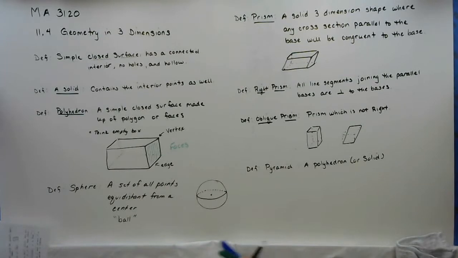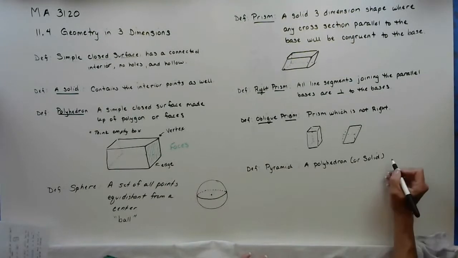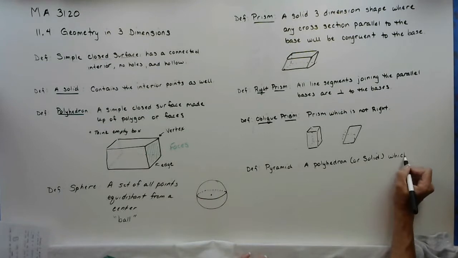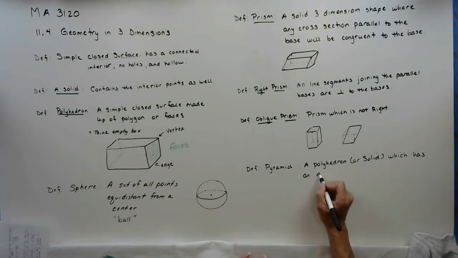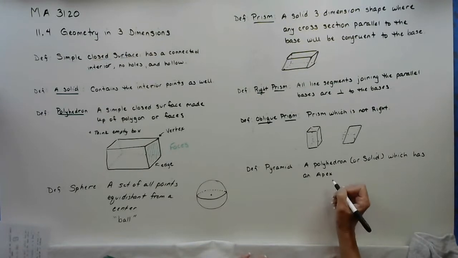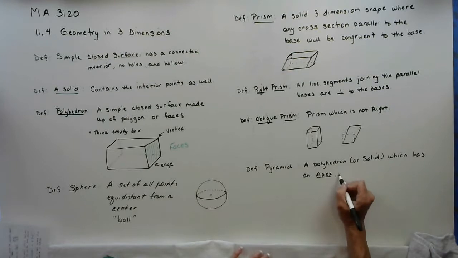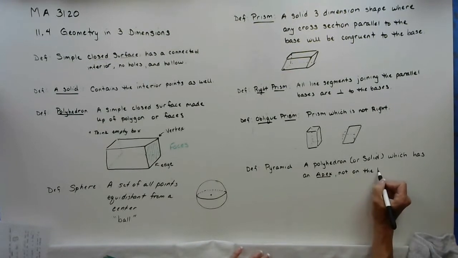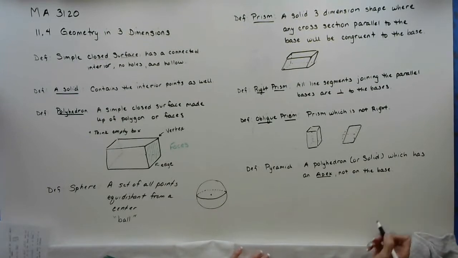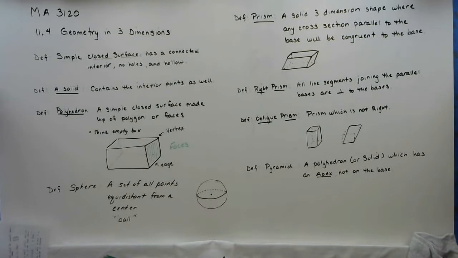Think of it as something that comes to a point. It has an apex, and that apex is not on the base. A pyramid is anything that comes to a point.